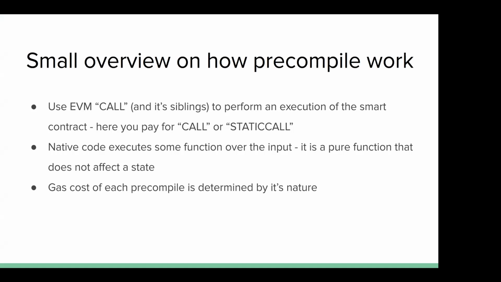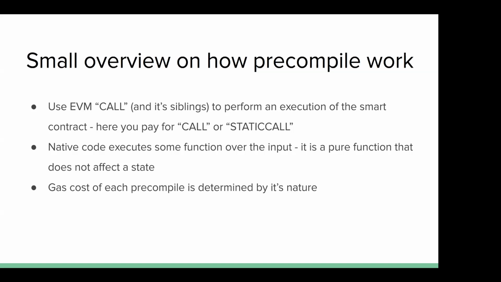So precompiles were introduced at the beginning when it was necessary to offload computation of some specific functions which were just too expensive if one would express them in terms of EVM and, like, a Solidity contract, for example. That's why there are few precompiles right now. They are from address 1 to address 8, which execute some CPU intensive tasks.